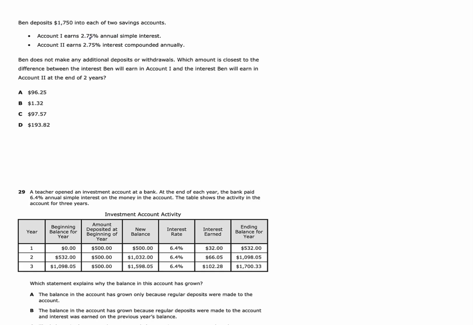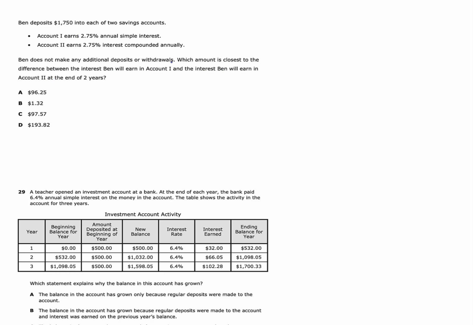Account 1 earns 2.75% annual simple interest, and account 2 earns 2.75% interest compounded annually. Ben does not make any additional deposits or withdrawals. Which amount is closest to the difference between the interest Ben will earn in account 1 and the interest Ben will earn in account 2 at the end of 2 years?